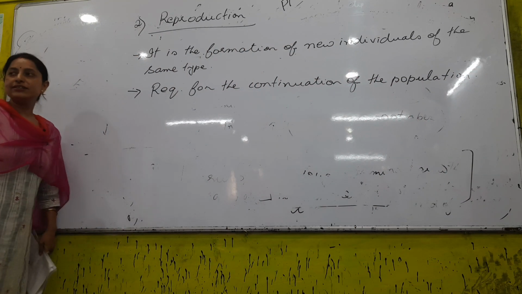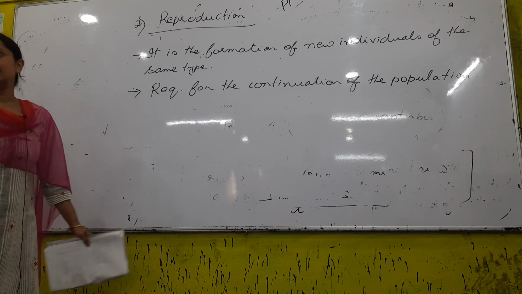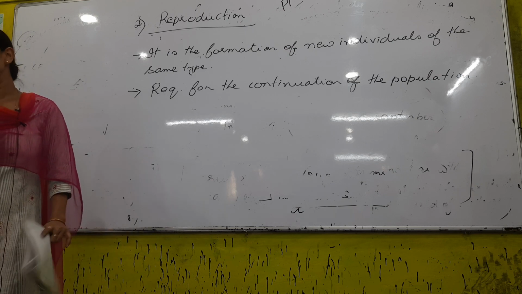Next, in unicellular organisms, what is reproduction? Cell division is equal to reproduction, or you can say growth is equal to reproduction.